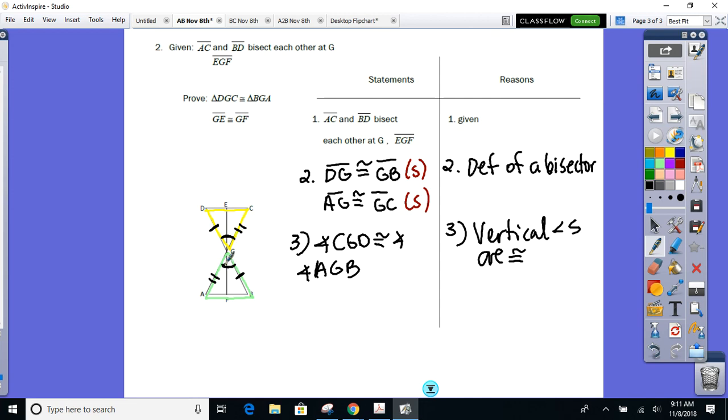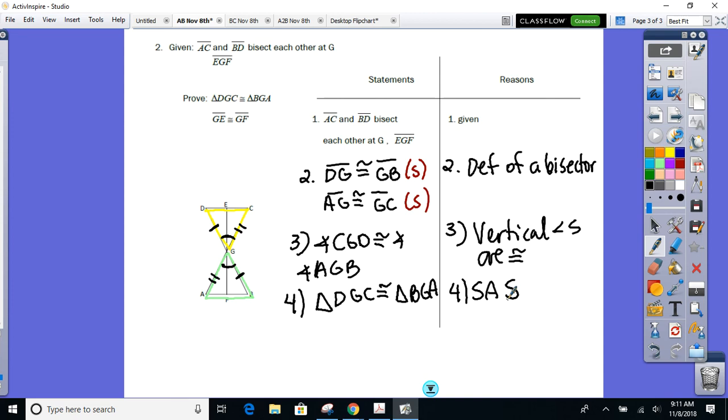Do I have enough to say the triangles are congruent now? Yes, I do. What method there? Side angle, side.